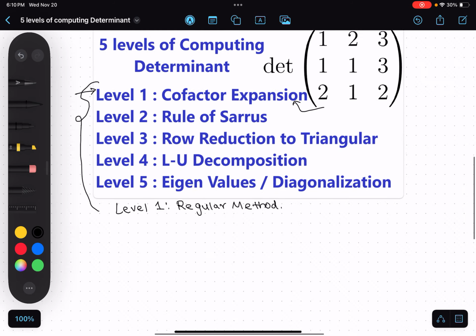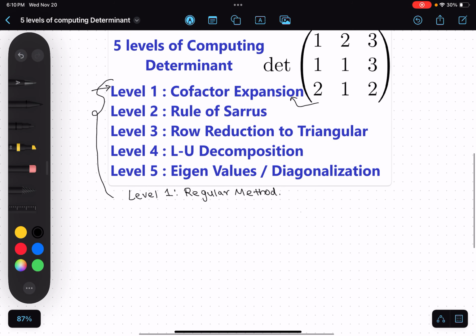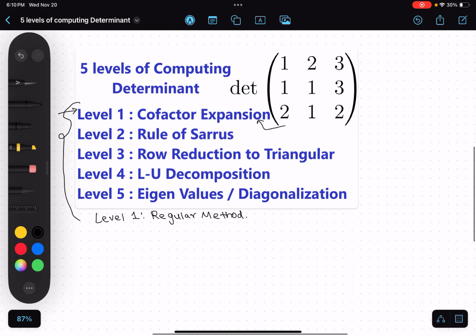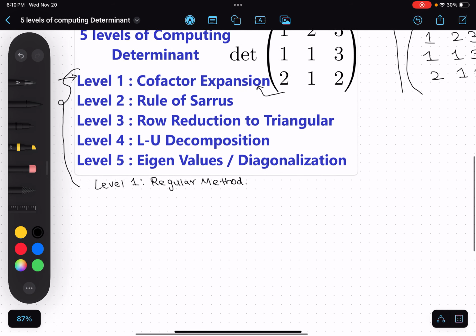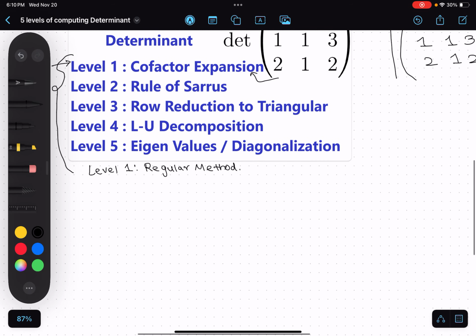Determinant is also represented by this modulus symbol, right? If I write it like this, then you need to understand that I actually mean the determinant. Okay, now how the cofactor expansion method works.